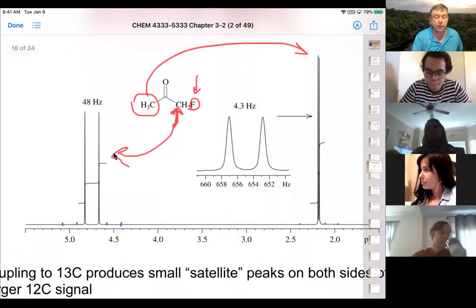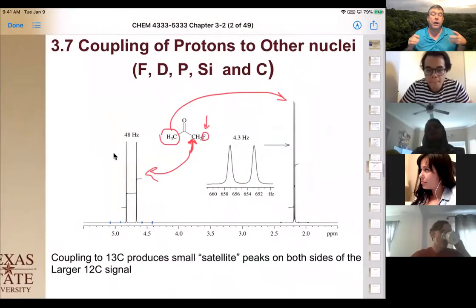All right, questions on coupling through other nuclei, specifically that fluorine example? So for phosphorus, silicon, and carbon, those tend to be fairly low. The natural abundance of phosphorus and silicon is higher than that of the carbon-13, but they appear to be something like satellite peaks, and the coupling constants tend to be pretty big.